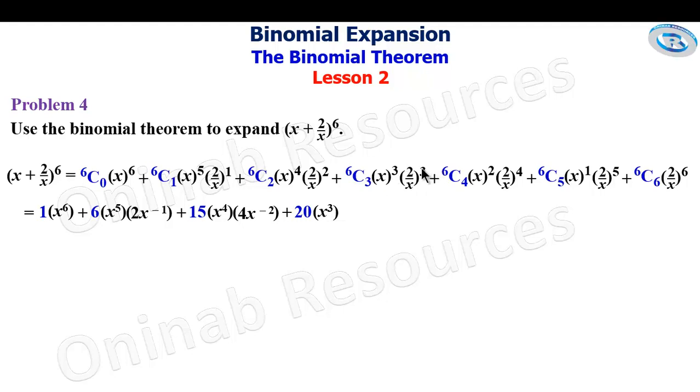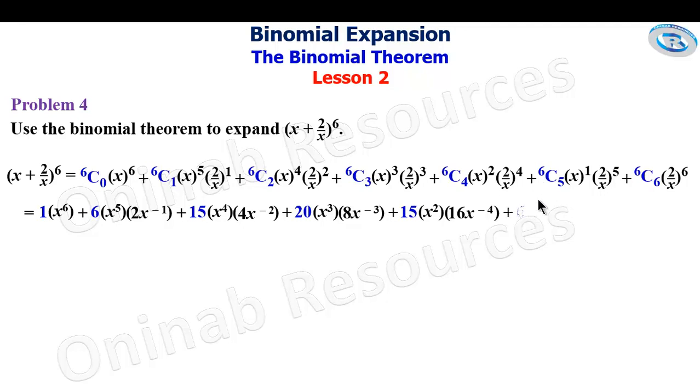This is 2 raised to power 3 will give us 8. Then x raised to power negative 3. So we have 8x raised to power negative 3. 6 combination 4 gives 15x squared. Then 2 raised to power 4 gives 16x raised to power negative 4.